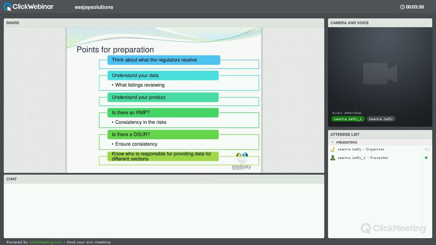Okay, so looking at points for preparation, the one thing really to think about when you're putting this report together is what the regulators receive. If you think about the old style PSUR, you would get your line listings at the back, which had some amount of information that whoever received the report could go through, look at the data elements and actually do their own assessments.